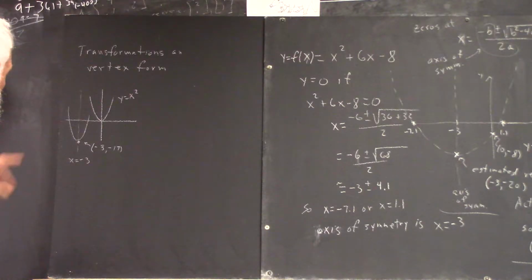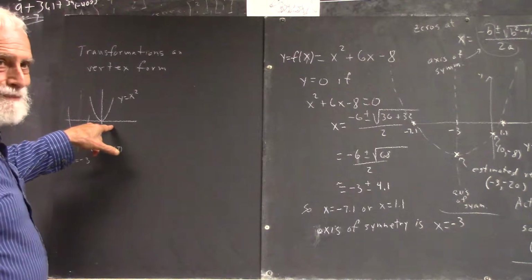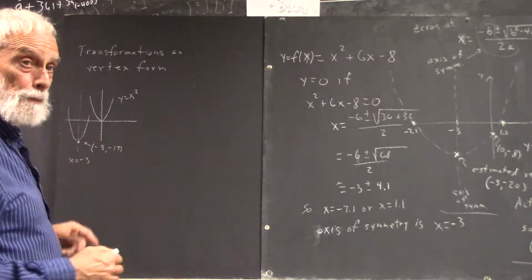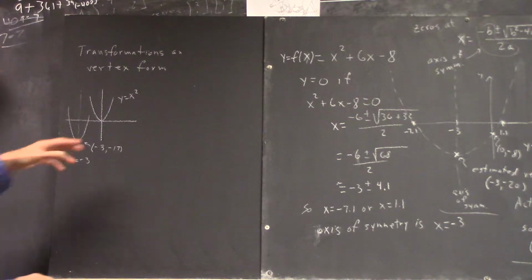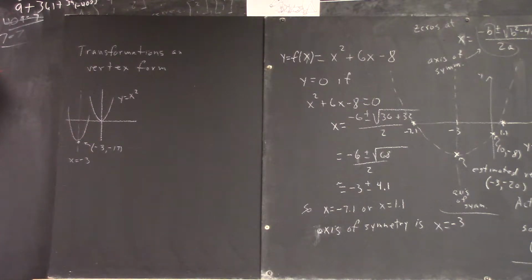Now the graph that we have here actually has zeros that are further apart, but you get the idea, right? Okay? So I'm not worried about the y-intercept and the zeros of the shape of the graph. Okay?